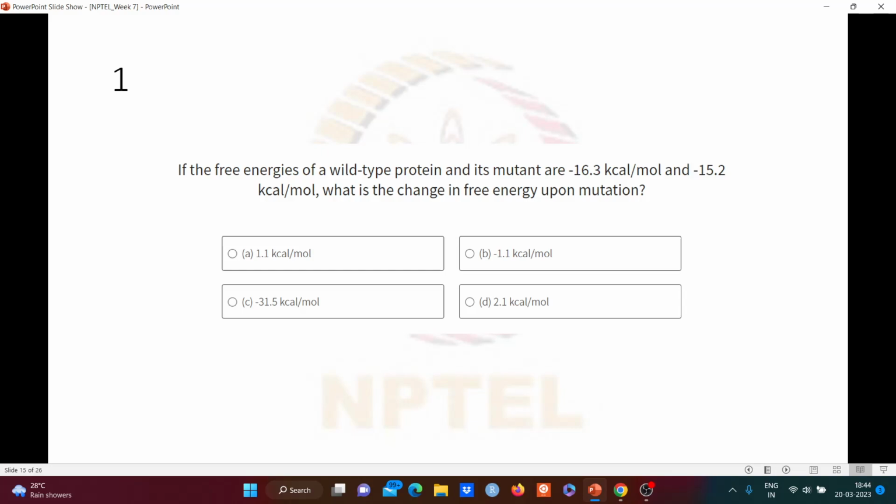Okay, I'll give you the formula here, where delta G denotes free energy.